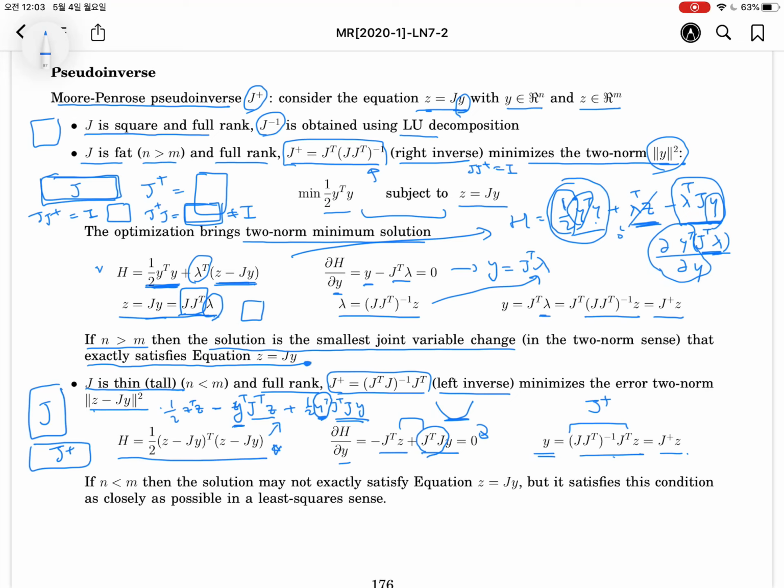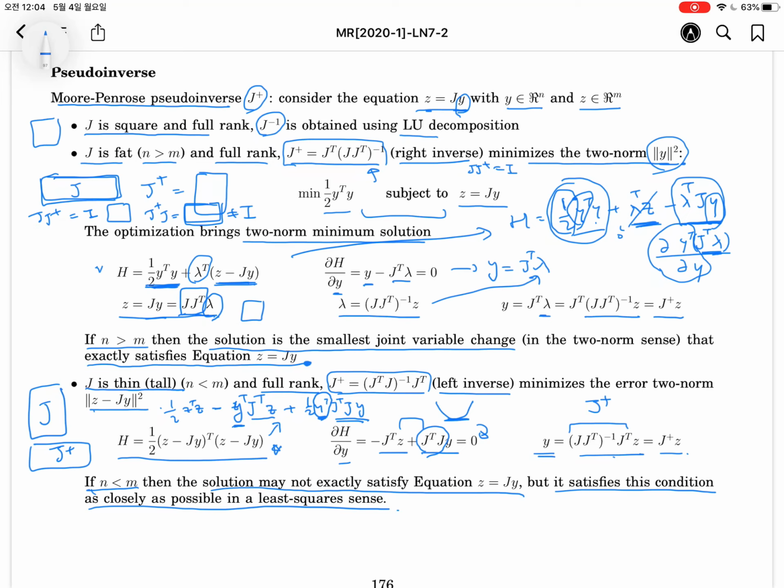So we have this equation. Okay, J is very tall. In this case, the left pseudo-inverse will give you the error minimum solution. Okay, if n is smaller than m, the solution may not exactly satisfy this equation, but it satisfies the condition as closely as possible in the least square sense.